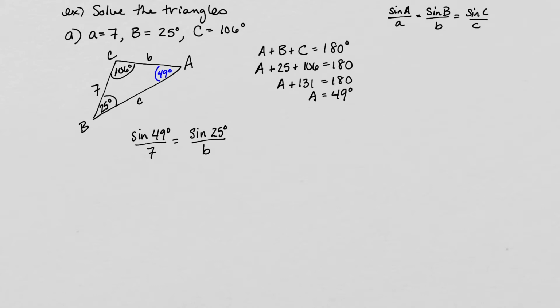So now I'm going to cross multiply. So we're going to have b sine 49 degrees equals 7 sine 25 degrees. And then I'm trying to solve for b, so I'm going to divide both sides by the sine of 49 degrees.